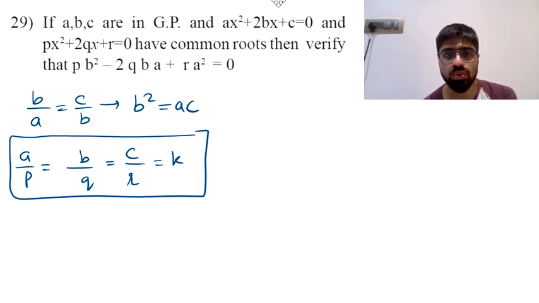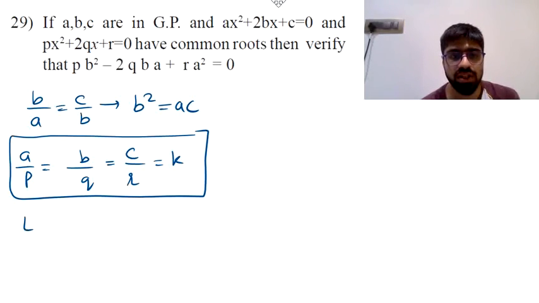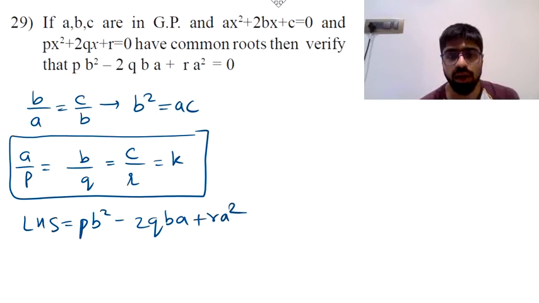Now they are asking us to verify this thing. So to verify that, we have the left hand side written as pb square minus 2qba plus ra square. And in this entire equation, we will prefer to replace p, q, r using this relation. So a by p is equal to k.